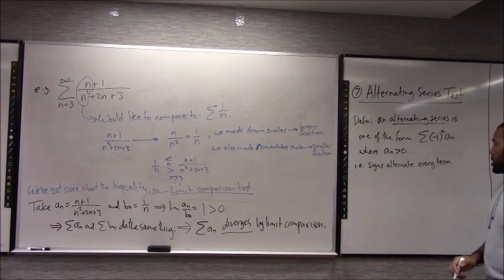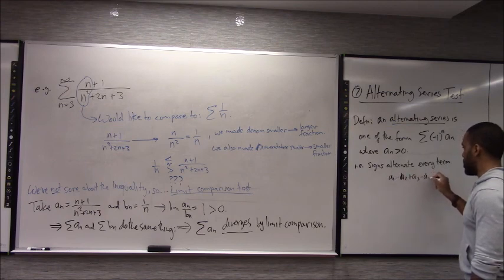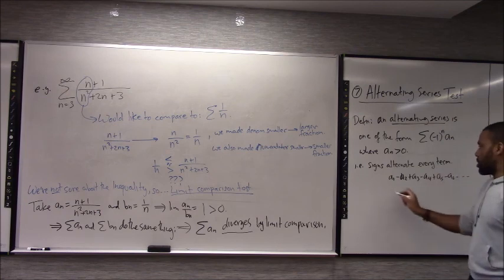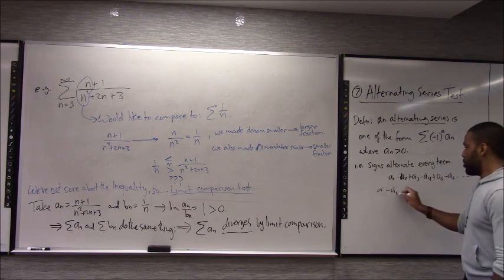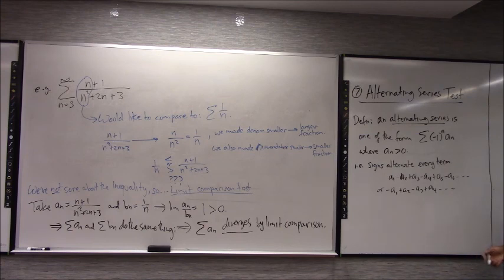So if you see a series like a1 minus a2 plus a3 minus a4 plus a5 minus a6, or you have minus a1 plus a2 minus a3 plus a4, etc. Things that have this kind of behavior are called alternating series. So they alternate between positive and negative numbers. So it's adding and subtracting, adding and subtracting, going all the way out to infinity, right?